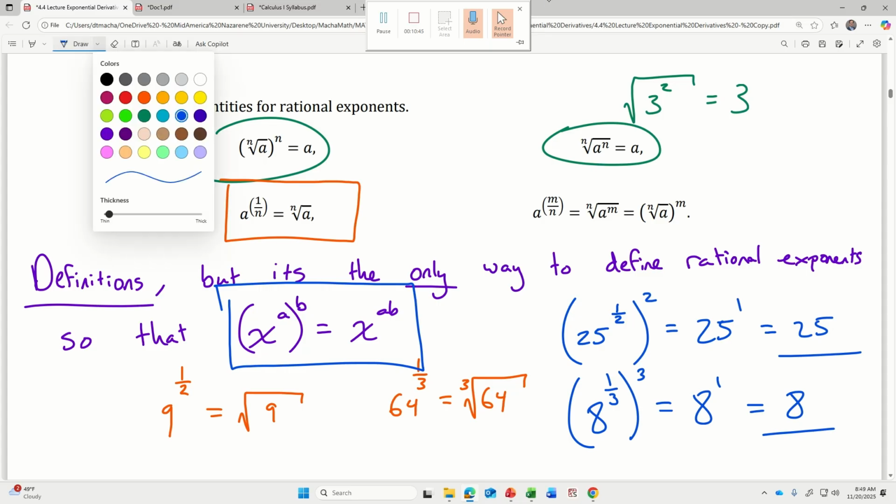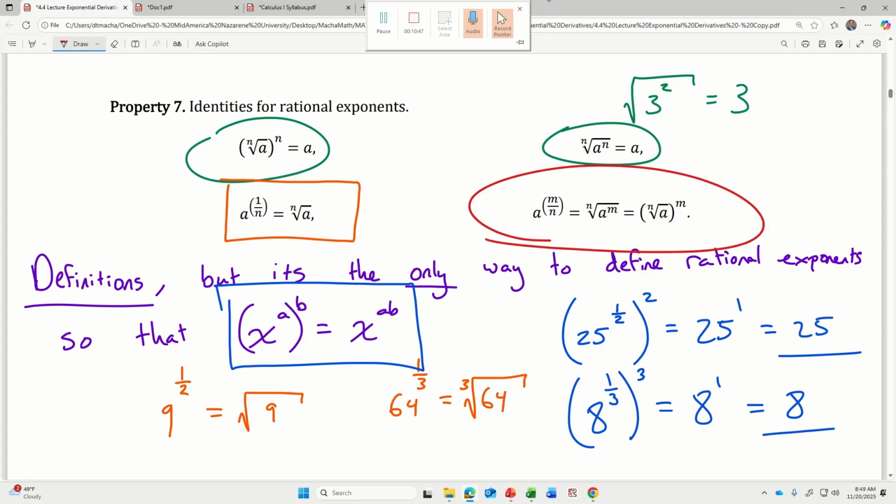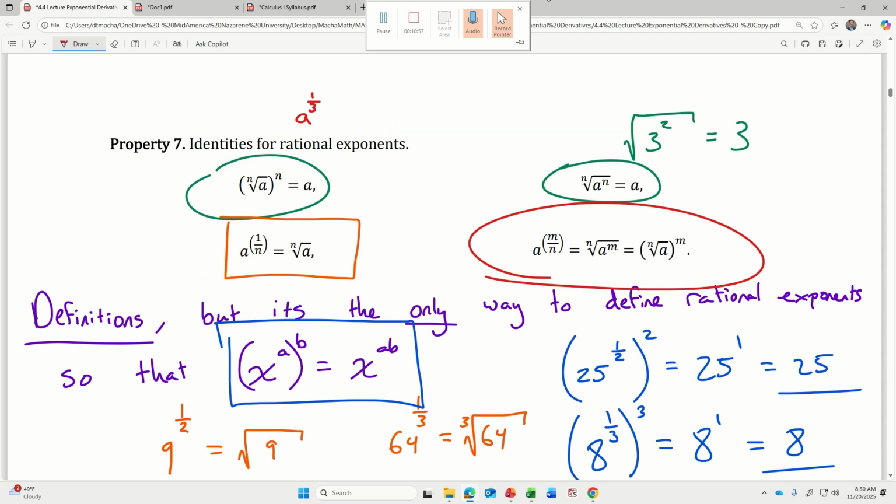And if you're wondering about this last expression over here, keep in mind the power rule, right? If I've got a to the 1/3 raised to the 2 power, I should be able to multiply those and get a to the 2/3 power. But again, a to the 1/3 is the cube root.